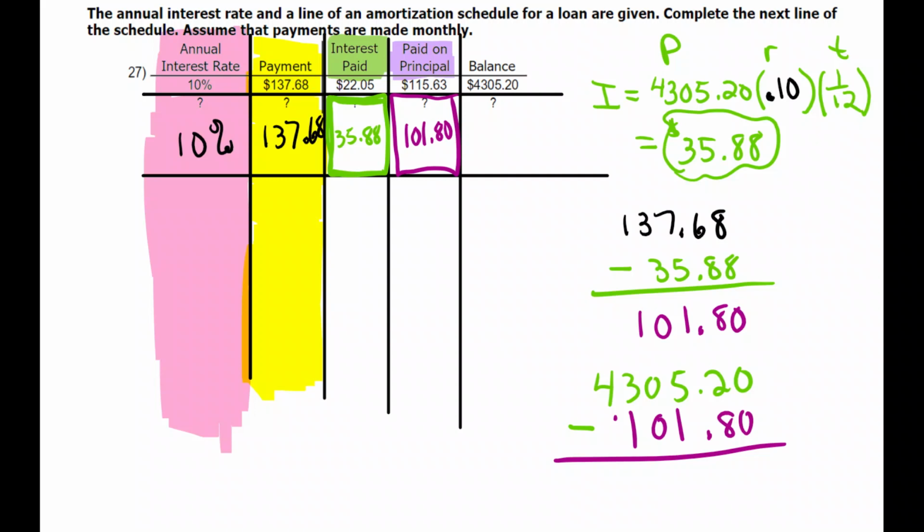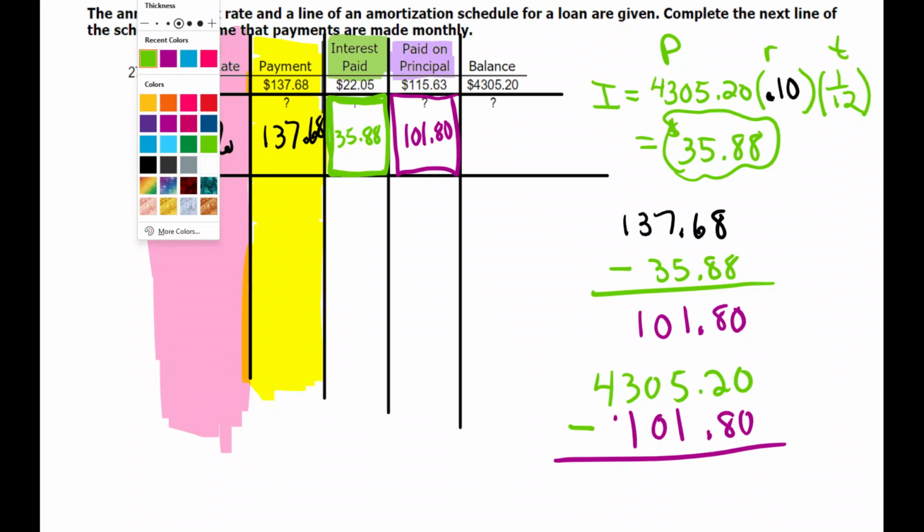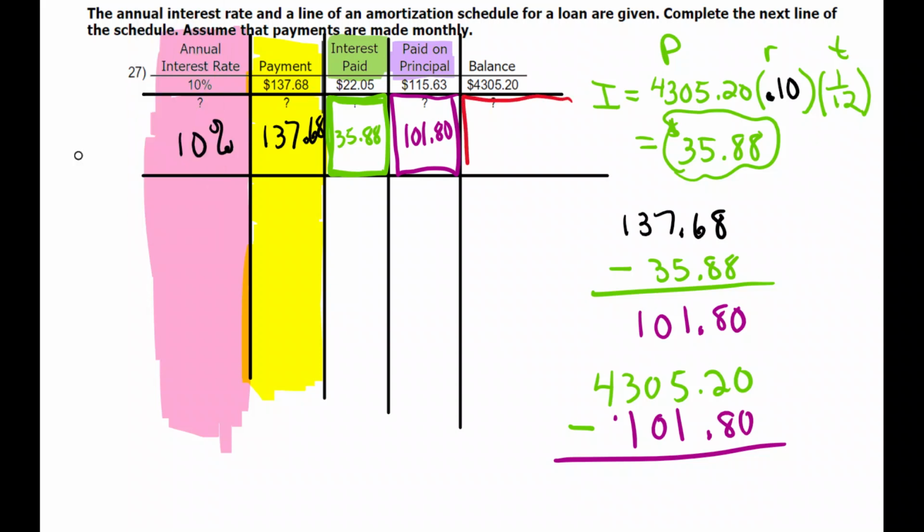Okay, I don't know why that little dot's there, but just go with it. And so when I subtract that, that's going to give me my new balance right here. And grabbing your calculator, do a little math, I get $4,203.40, and that's what goes right here.